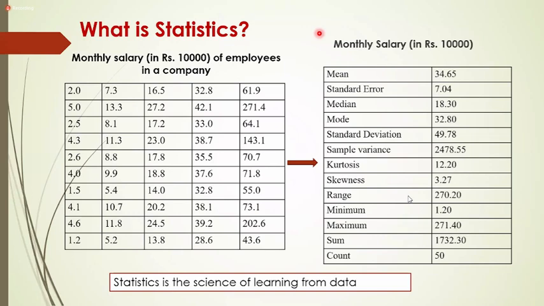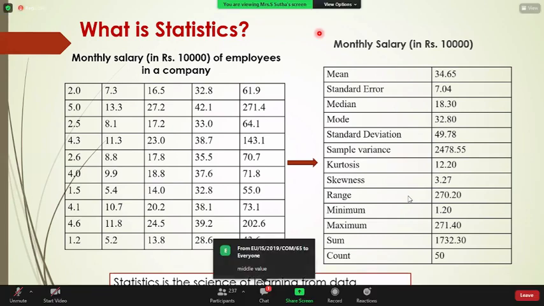Median is an average, that's okay. In more detail, there are a lot of averages: mean, median, mode are all averages. But each and every average has a different meaning. So in this case, what is the meaning of median? Middle value, right? By this middle value, what can we say?